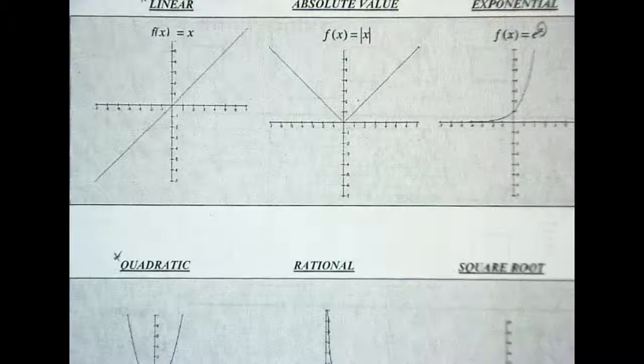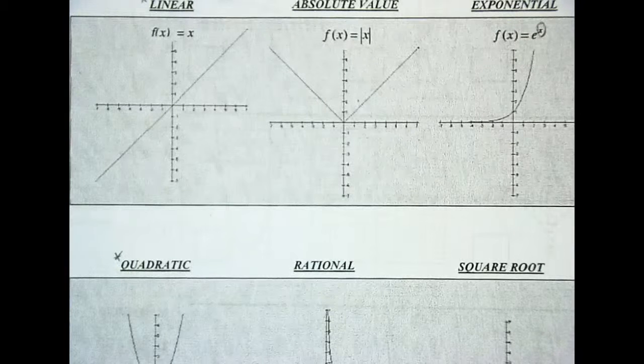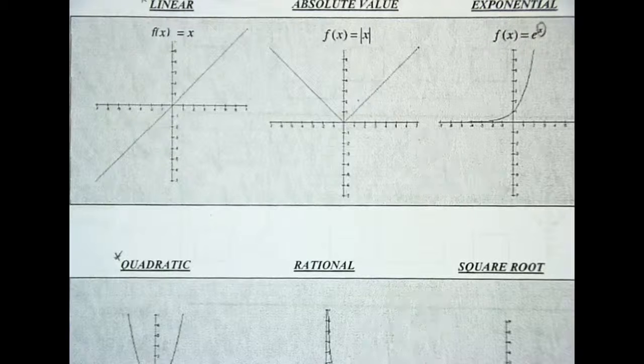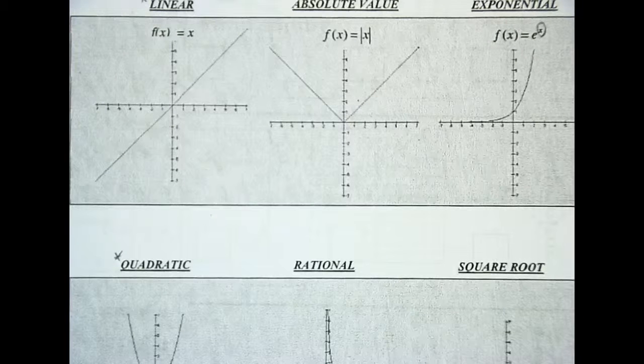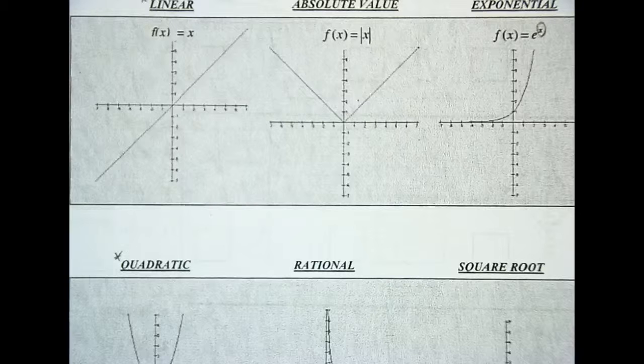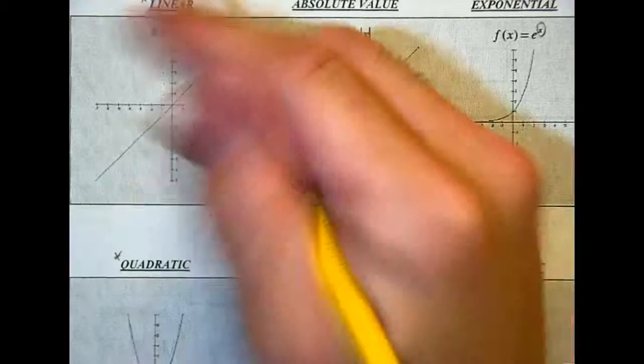Equation form. How do we know something is linear? Go and tell your neighbor. How do you know it's linear if it's an equation? No picture now. Chelsea, what do you think? How do you know something's linear? Okay, it's y equals mx plus b.